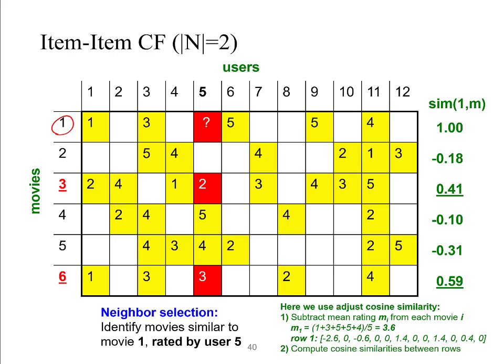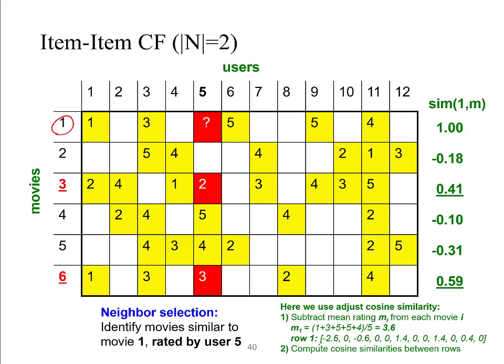For adjusted cosine similarity, we first subtract the mean rating from each movie i. For example, the first movie has been rated by 5 users, so the mean rating would be 3.6. Then we subtract 3.6 from the ratings of those movies that have been rated.